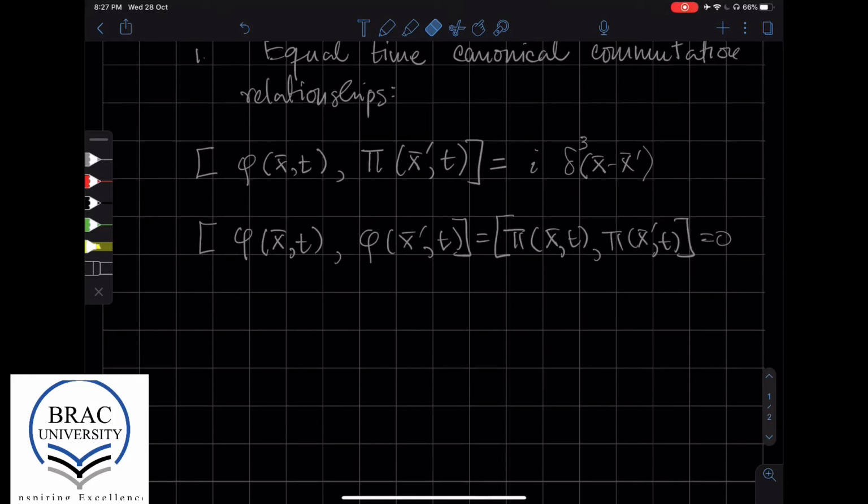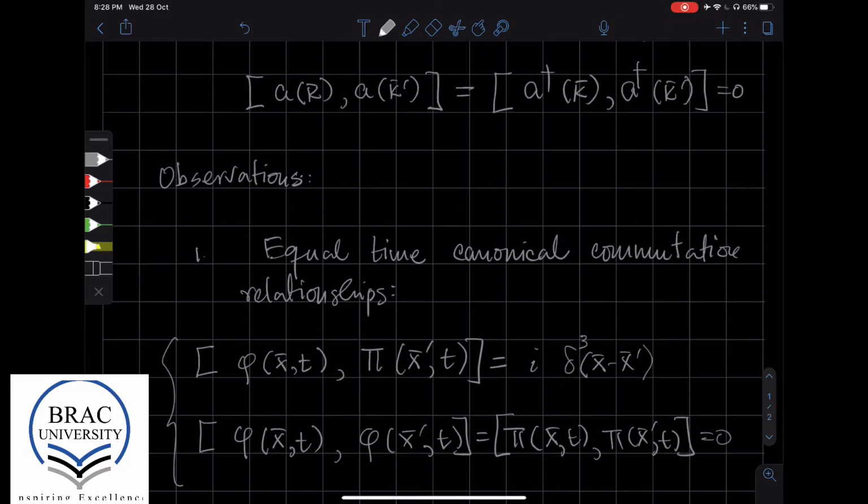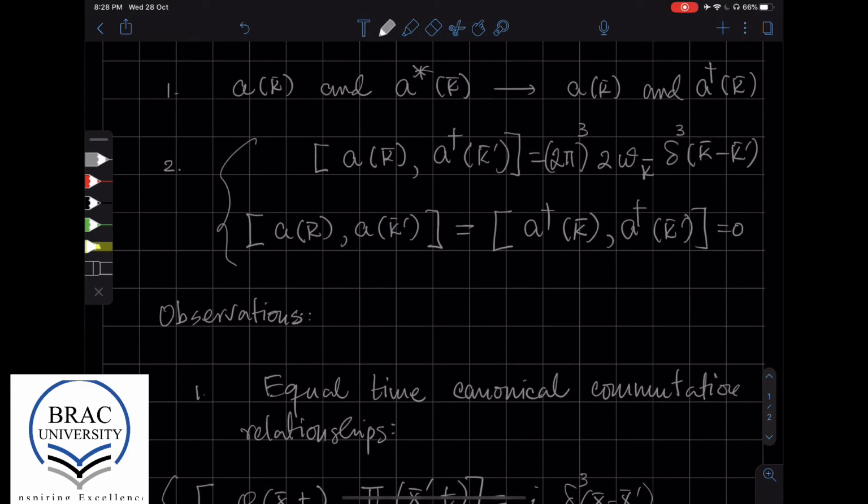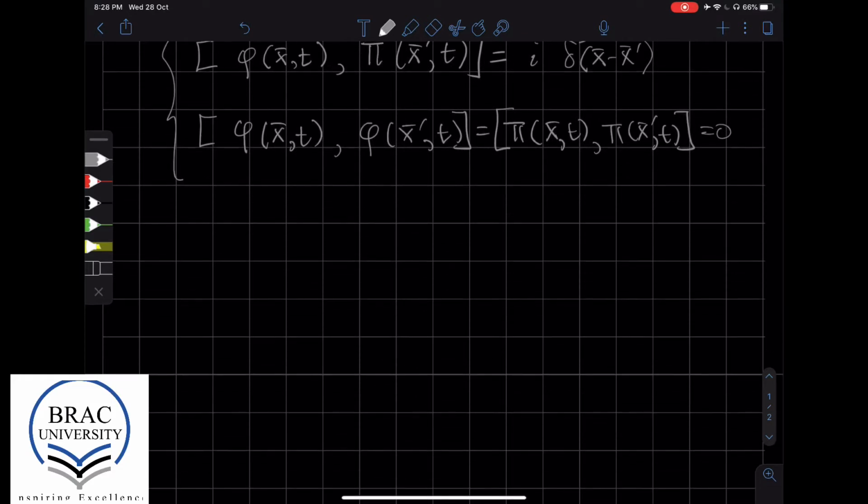Well, that's a very good question, because coming from classical physics to quantum mechanics or quantum field theory, we have to make a decision what picture we are in as far as these operators are involved. Now, since we chose these commutation relationships to be at a fixed time, which we can take, say, to be 0, we conclude that these commutation relationships, as well as these, are in the Schrödinger picture.